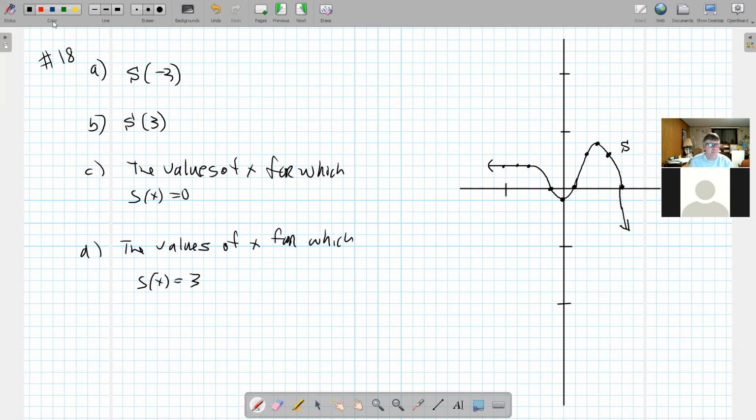So s of -3. Find the y value when x is -3. Right here, x is -3. Right there. So what's the corresponding y value?